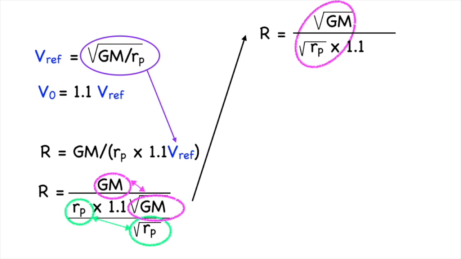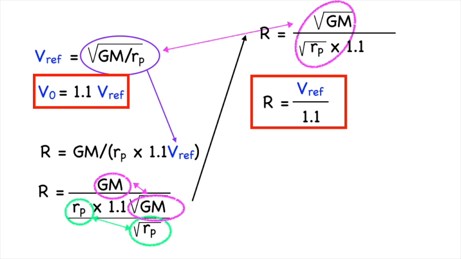The square root of GM divided by the square root of r sub p equals V reference. So let's make that substitution. And we find that our new capital R equals V reference divided by 1.1. I'm putting a red box around two key takeaways, and we're going to put those formulas back into real space.